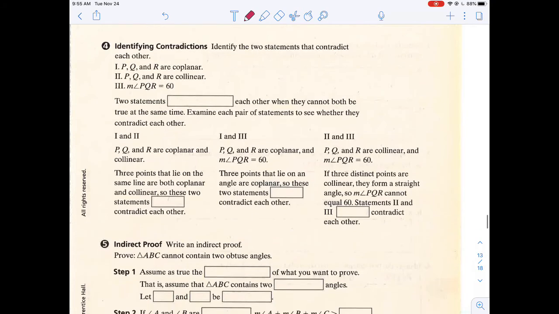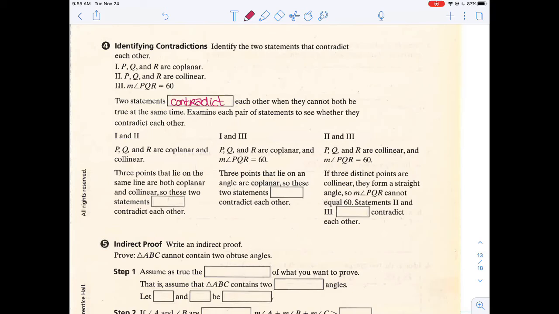Okay. All right, there's a few more examples in this lesson than usual, so stay with me here. Identifying contradictions. Remember, two statements contradict each other when they cannot be true at the same time.